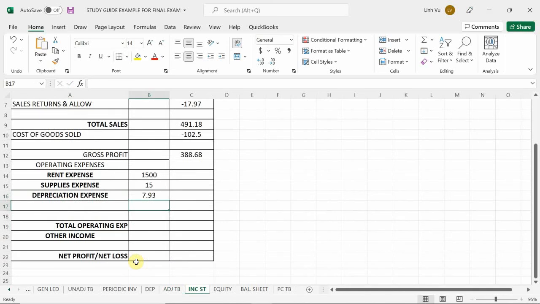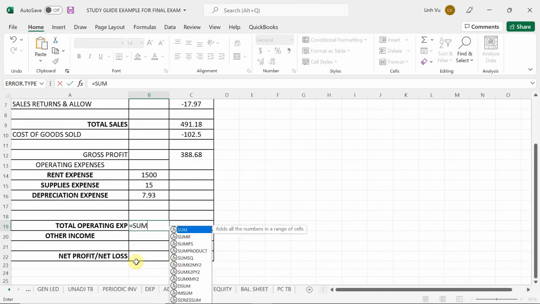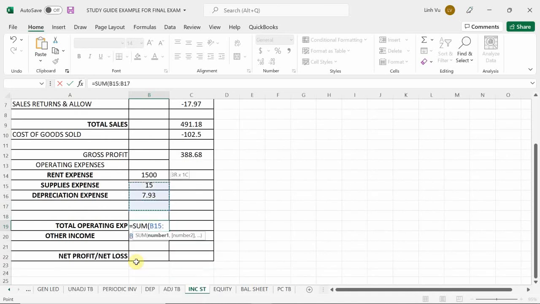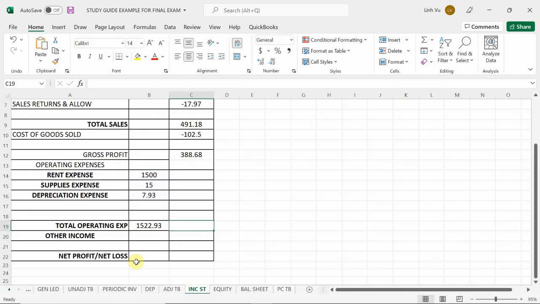So in this case, my total operating expenses is $1,522.93. Okay? And we need to subtract that out.